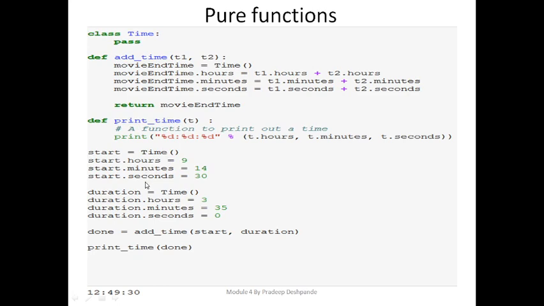We create one start object of the Time class and assign some values to the hours, minutes and seconds: 9, 14, 30. Similarly, for the duration of the movie, for the sake of example, we have assigned hours 3, minutes 35 and seconds 0. So it is 3 hours 35 minutes, and it will tell us when the movie will end. This is the output: 12, 49, 30.